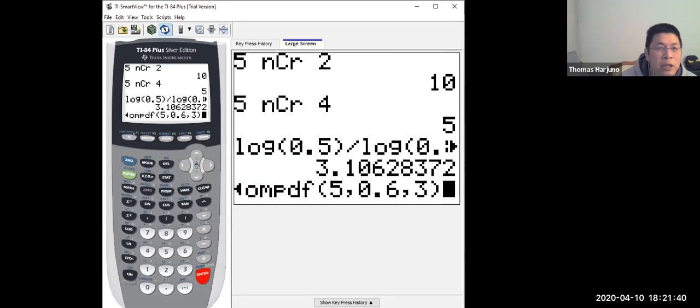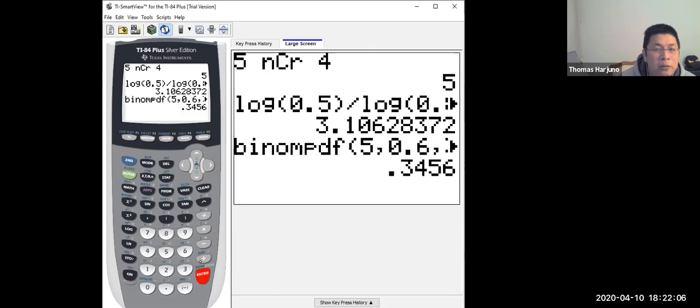If I scroll to the left, that's the notation we wrote earlier: binomcdf(5, 0.6, 3). Then you press enter, and you get 0.3456.